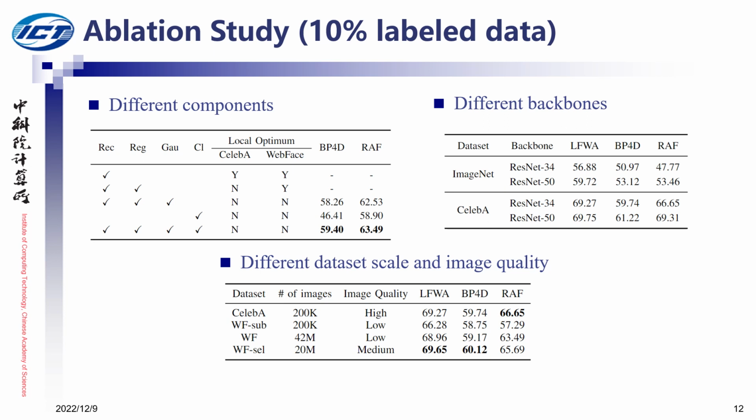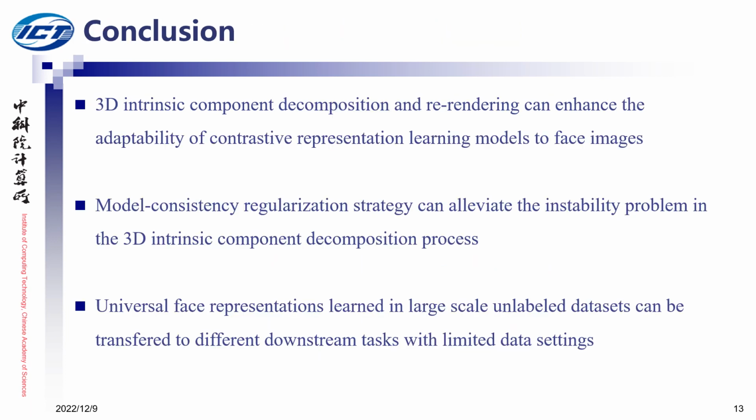In addition to the previous results, we further evaluate the impact of different components, different backbones, and different dataset settings on the model's performance. To conclude our talk, we summarize 3 points.